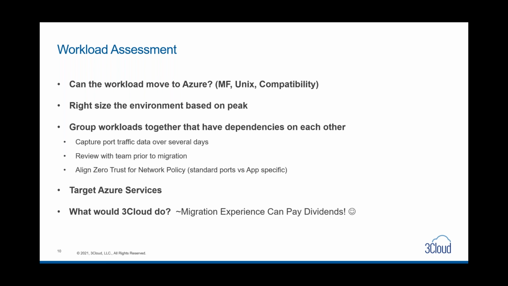What kind of hard-coded IPs might be within this configuration that I need to be aware of before we get into this? And some of that is going to come through discovery with our customer and really driving into the details of what's within the environment. So, as we look at this and we get into the assessing, right, we've got that Movere data that we captured in that last discovery phase, that now we can start to align the right sizing of the environment based off of the peak over time, right?